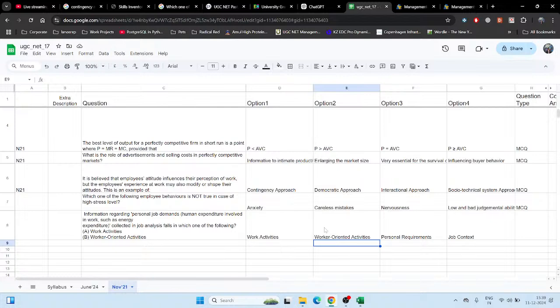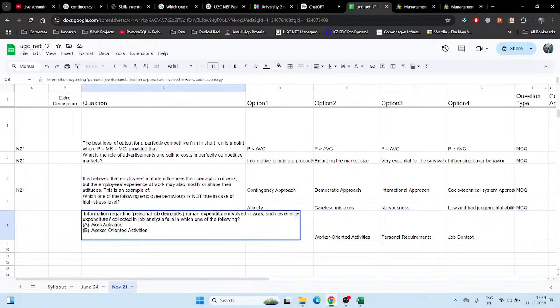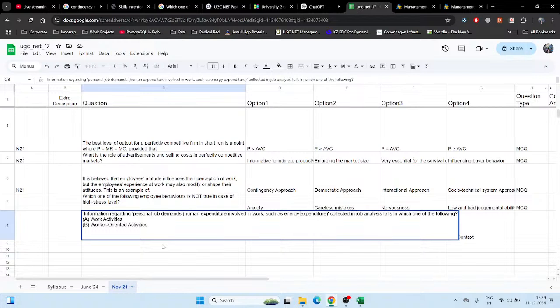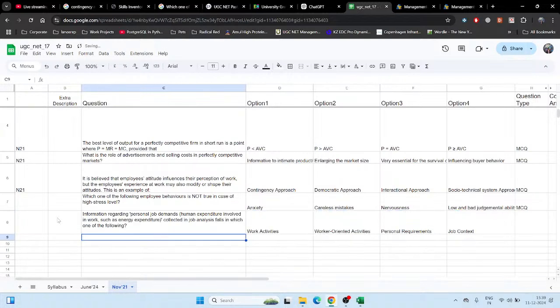Information regarding personal job demands. Human expenditure involved in work such as energy. Information regarding personal job demands. Job analysis falls in which of the following: work activities, worker-oriented activities, personal requirements, or job context.